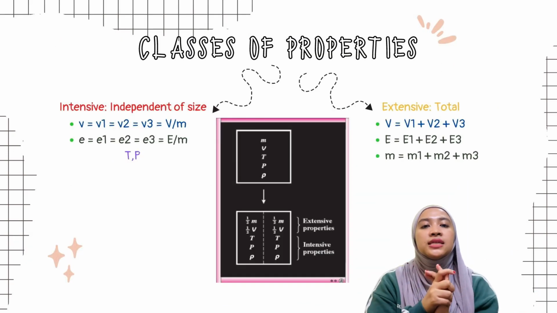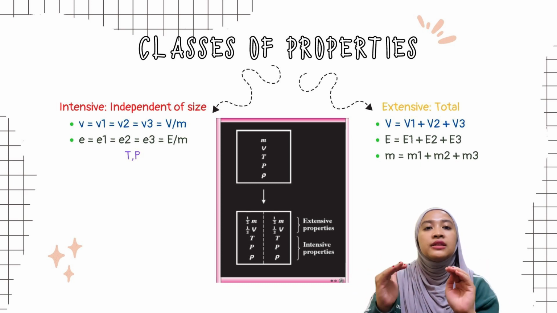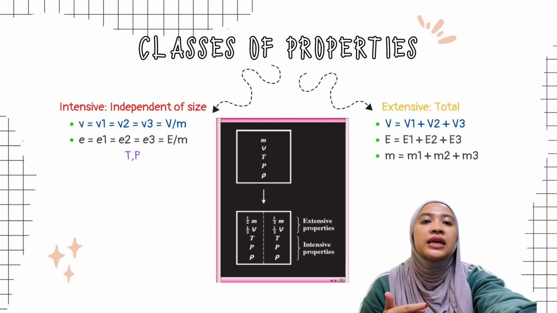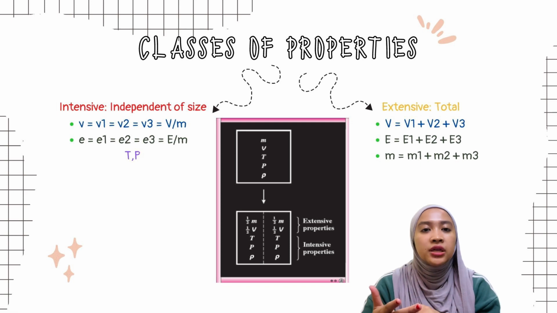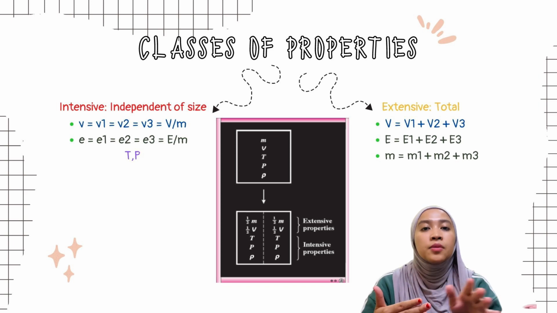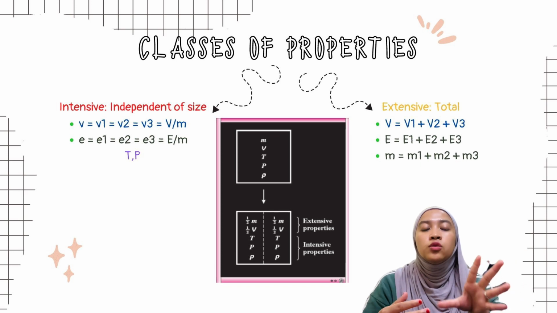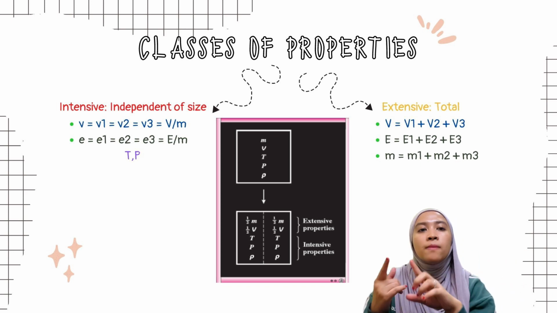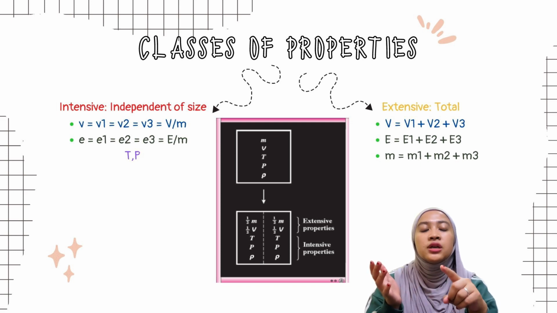Next are the classes of properties, intensive and extensive. Intensive properties are independent of size, for example V equals V1 equals V2 equals V3, so all the values are the same. Extensive properties are totals, for example V total equals V1 plus V2 plus V3.